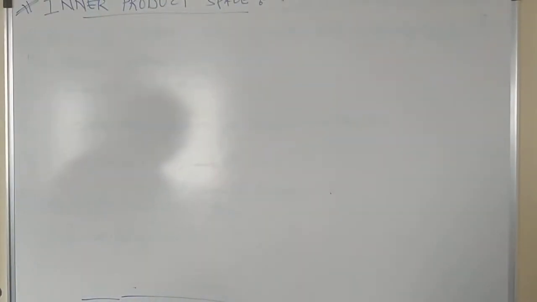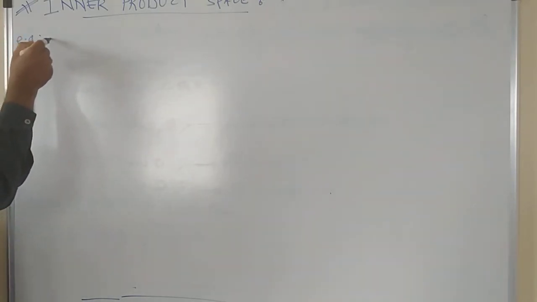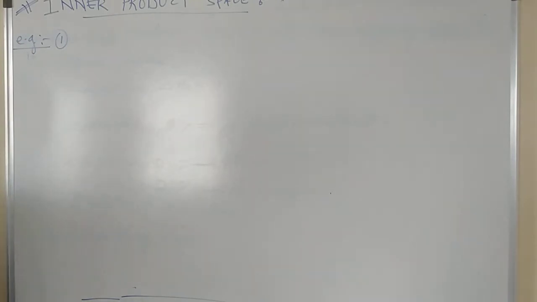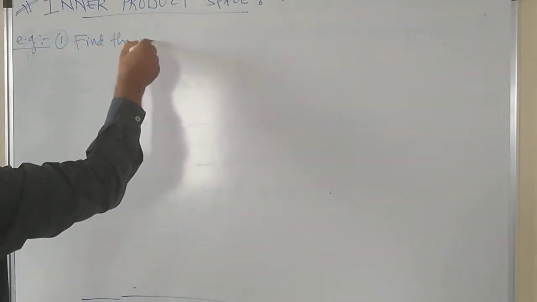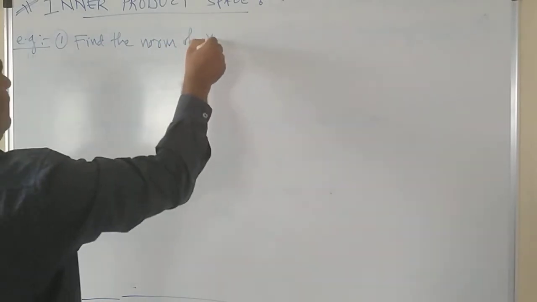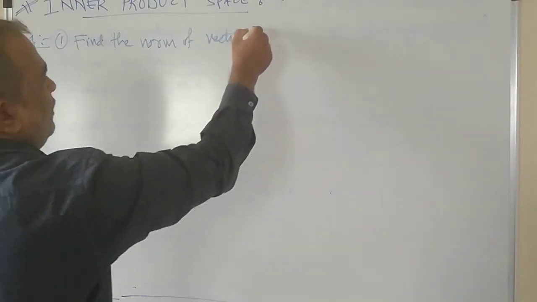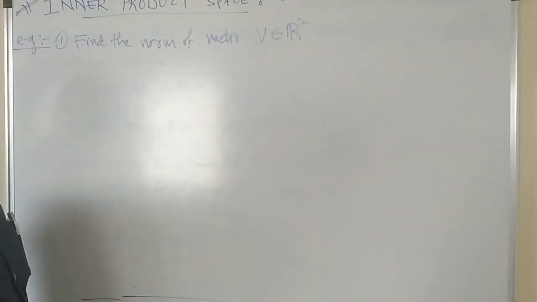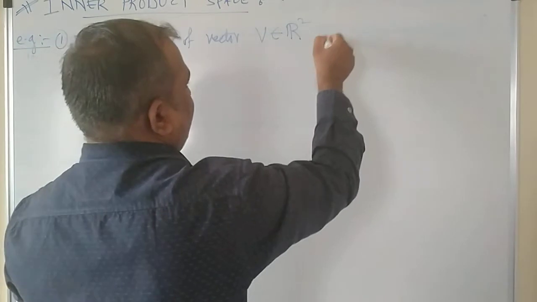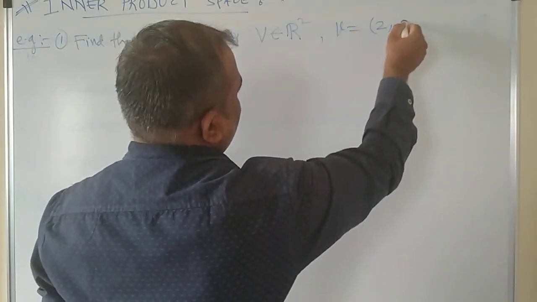Example number 1: find the norm of the vector v which belongs to R square, where v is equal to (2, 4).